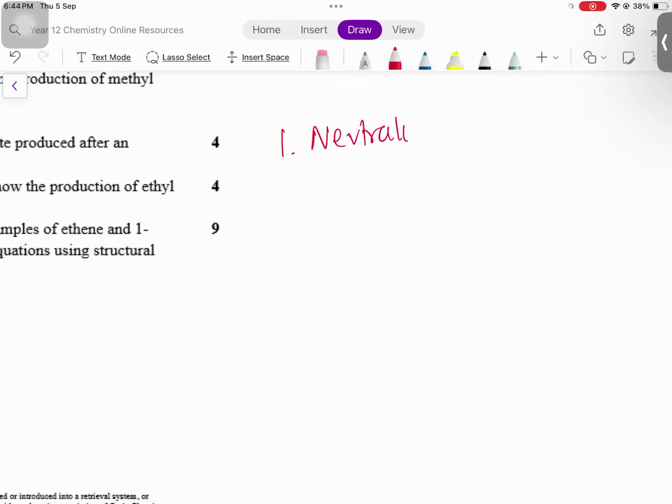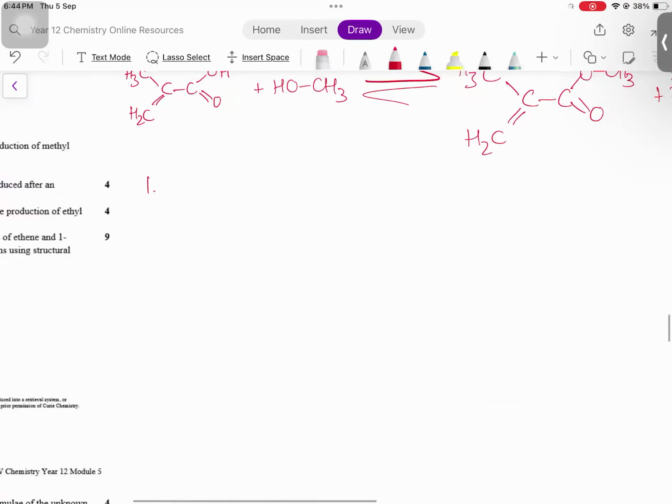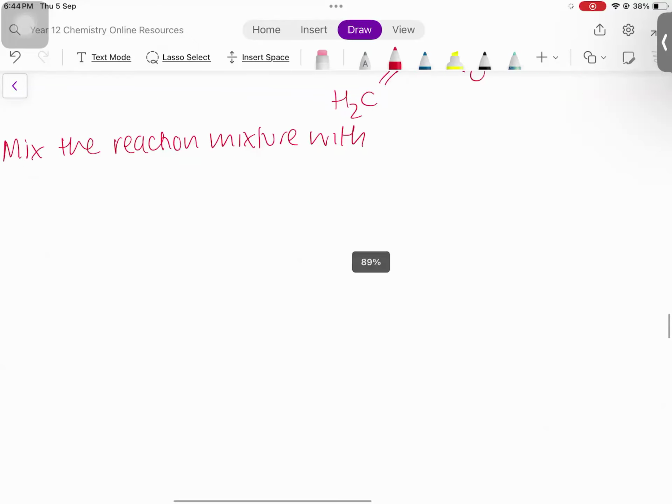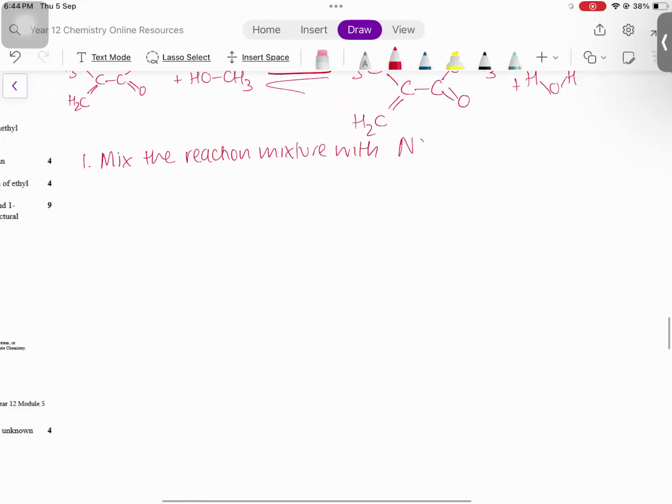and you neutralize any excess. Actually, let's do the statement first and then the justification after. The first thing you do is you mix the reaction mixture with sodium bicarb, which is NaHCO3.